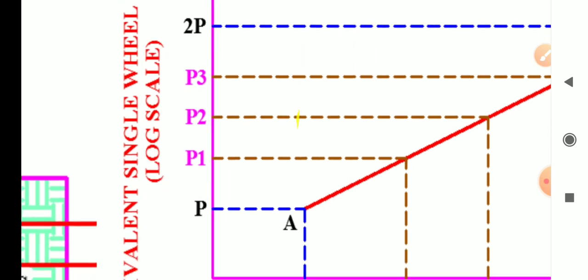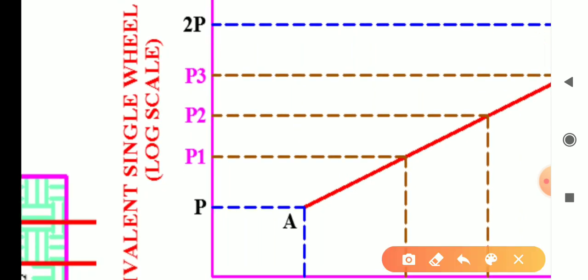Since load is acting very strongly at p, ESWL also gets less. Similarly p1 is quite less, ESWL also less; p2, p3 and 2p mean ESWL less.